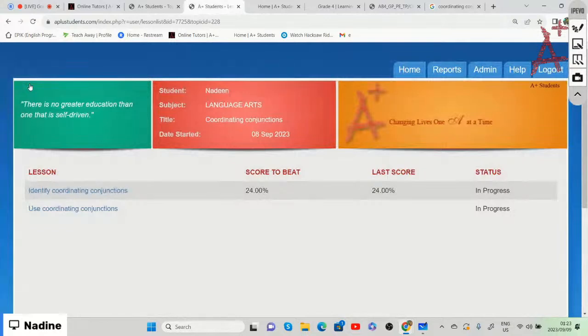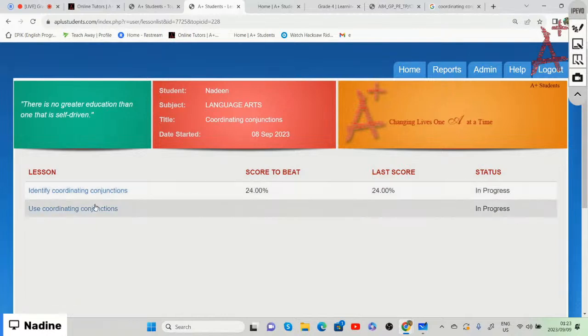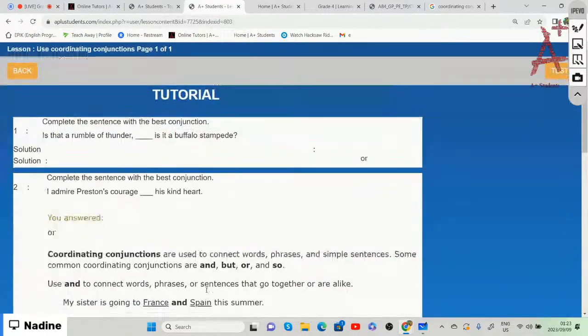Now we are going to use them, because now we know what coordinating conjunctions are, as well as when and how to join those words or link them up.